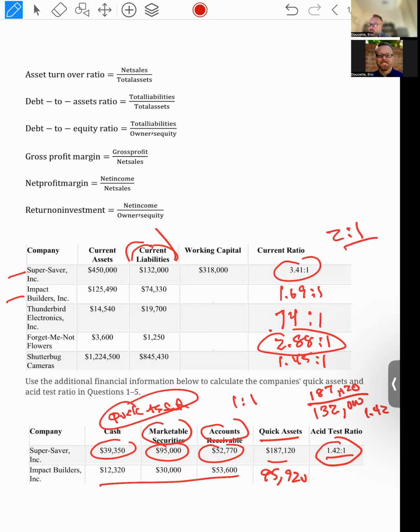But your quick assets are just cash, marketable securities, and accounts receivable, and that needs to be at least 1 to 1. This one was 1.42, and this one comes out to 1.29 to 1. That means you have $1.29 of quick assets to pay off your current liabilities, so you're still doing good because you're above 1 to 1.